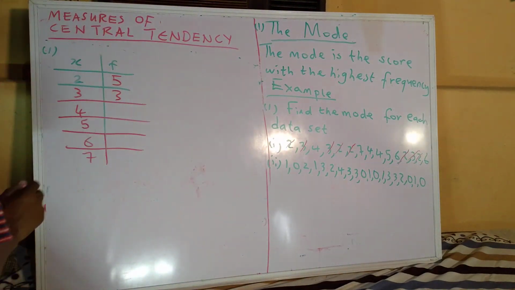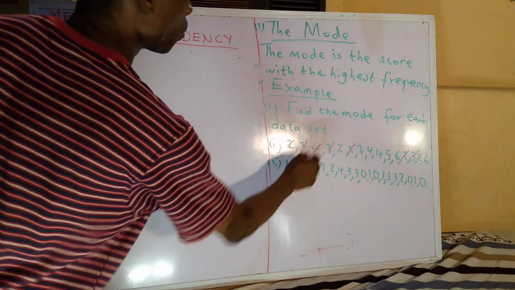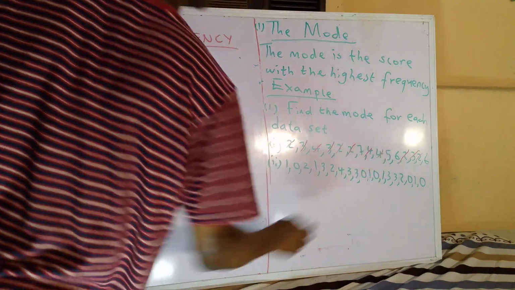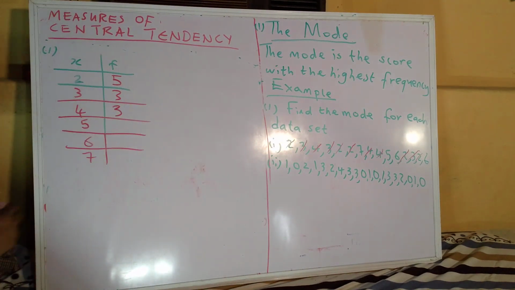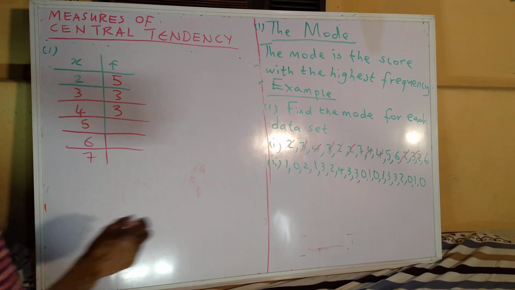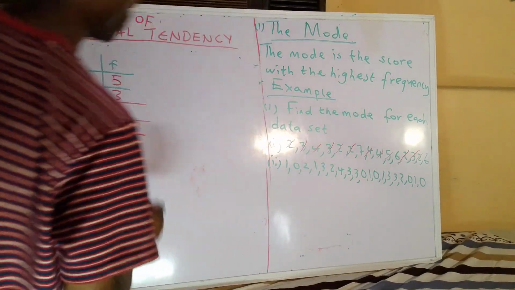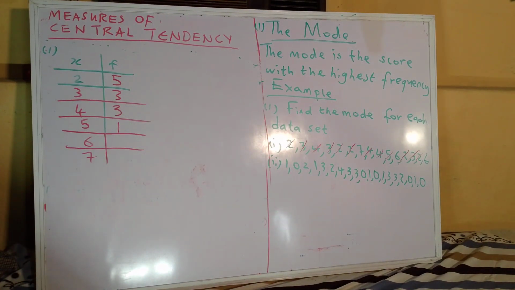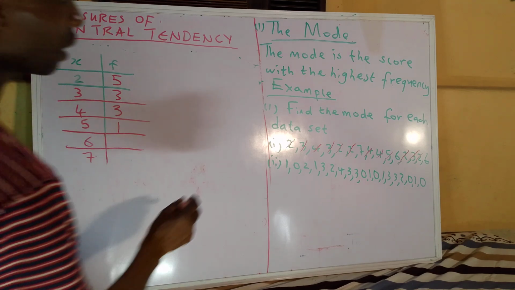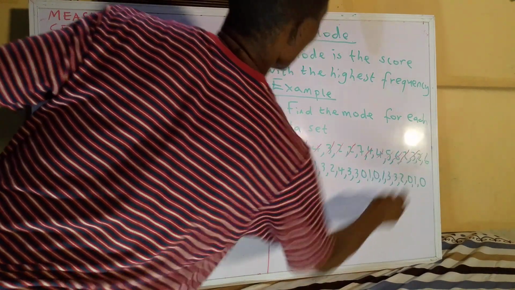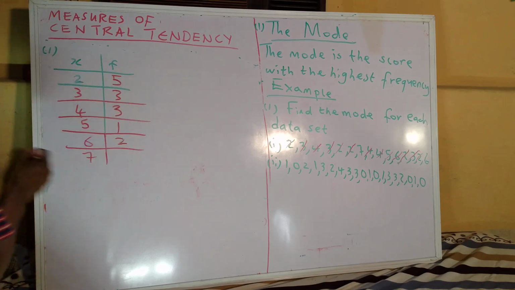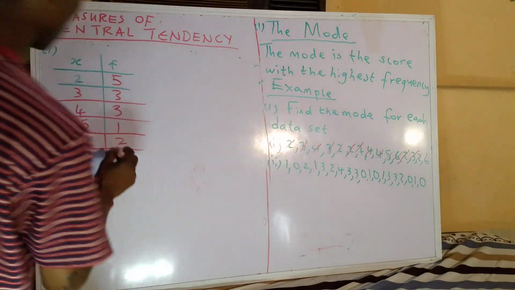I write 3. 4 appeared 3 times, so I write 3. Then 5 appeared once, I write 1. 6 appeared twice, so I write 2. 7 appeared once, so I write 1.